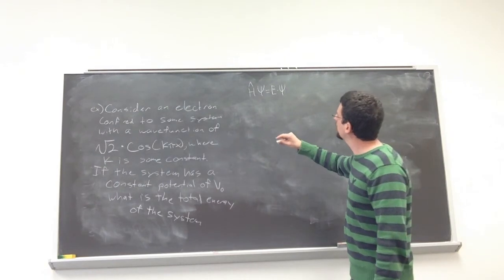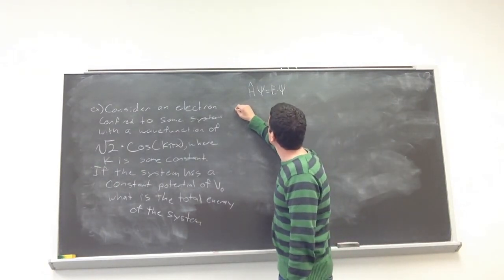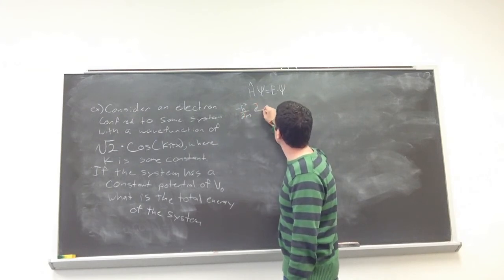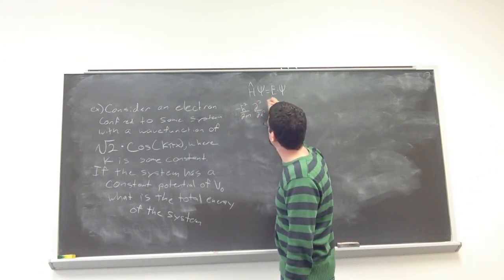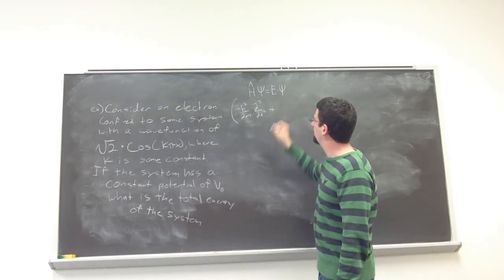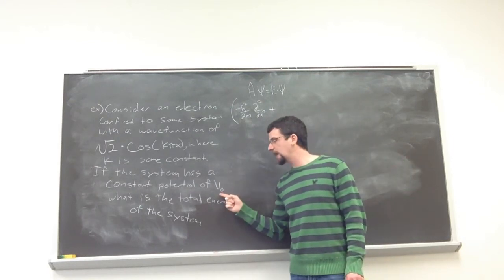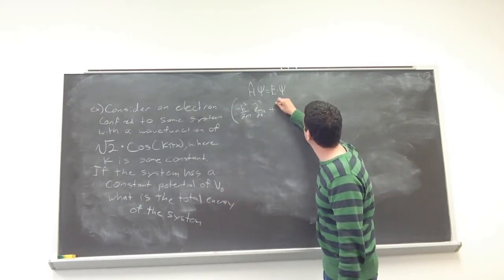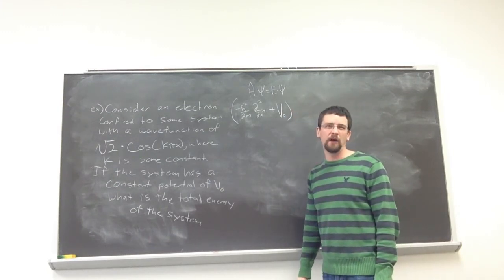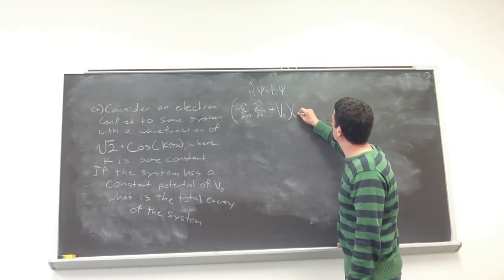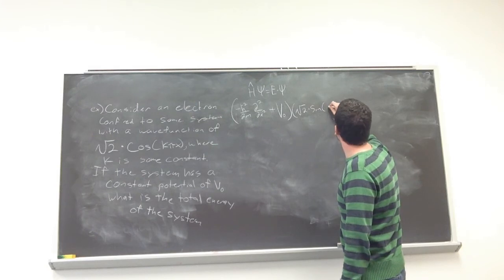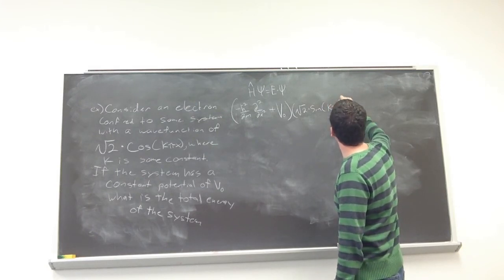So let's plug in what we can. We know we're going to have negative h bar squared over 2m. Since we only have a function that depends on x, we get the second derivative with respect to x squared. Our potential, we're told that we have a constant potential of V naught. So we have V naught there, and now we have our function here, square root of 2 times cosine k pi x.